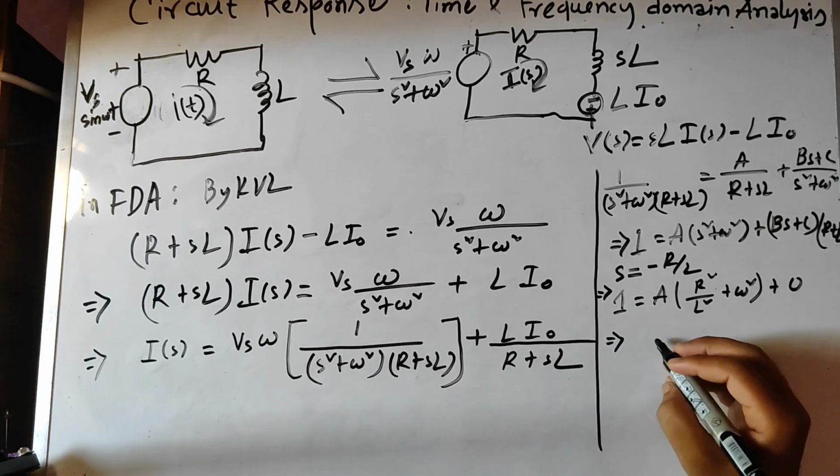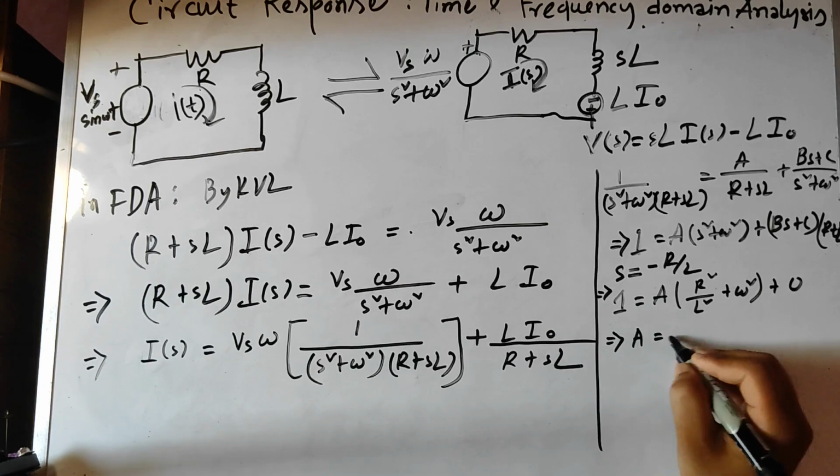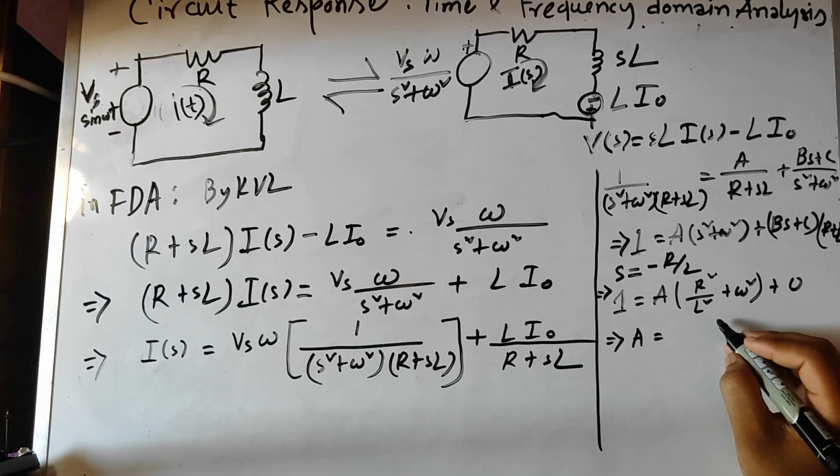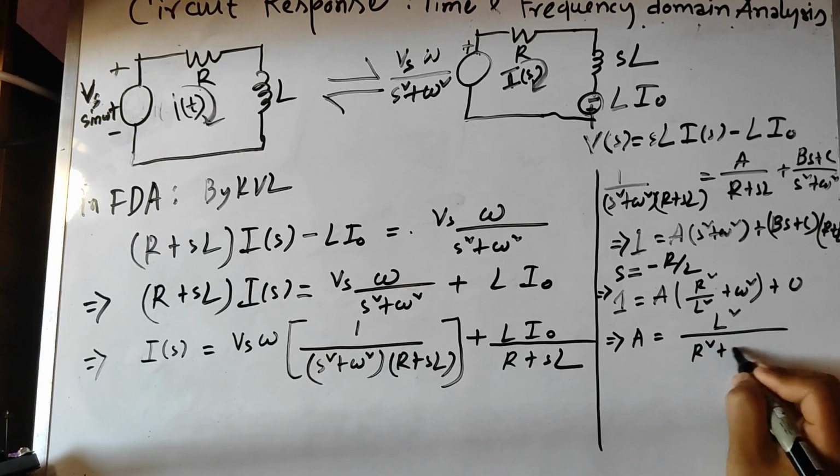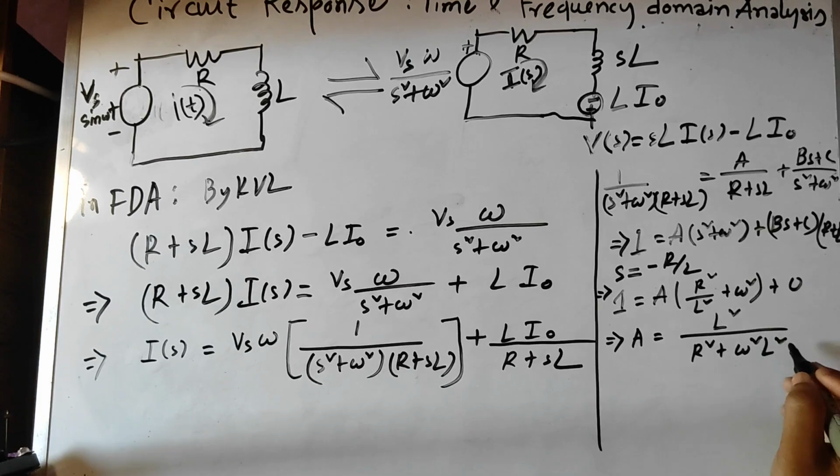So A equals L square by (R square plus omega square L square).